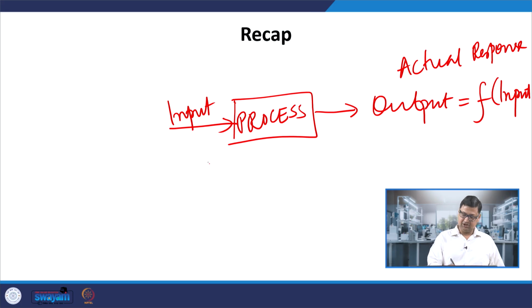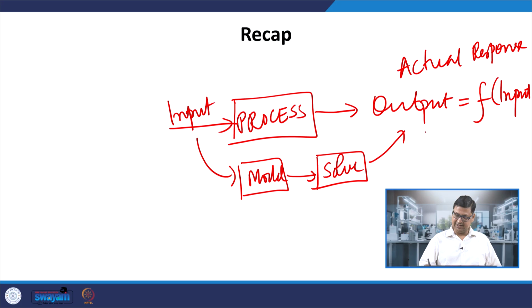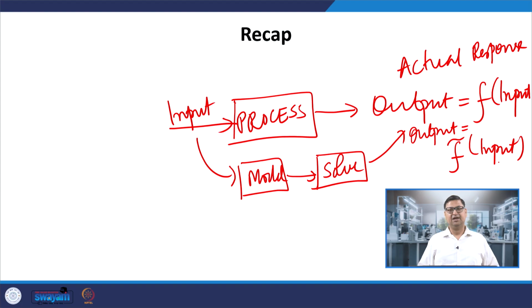And then we can build a model and solve it, and we can get not exactly the same response, but a prediction of that response. Let me call it some other function of the input, right. And we say that the model is good enough if that prediction is within an acceptable error of the actual behavior of the system, right.